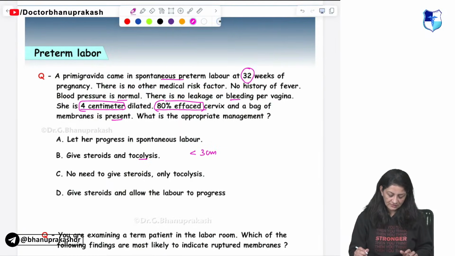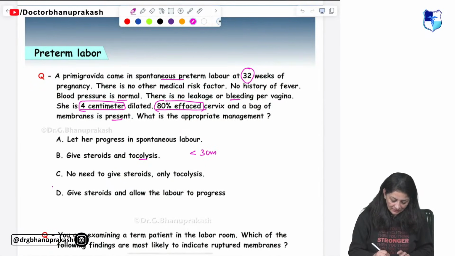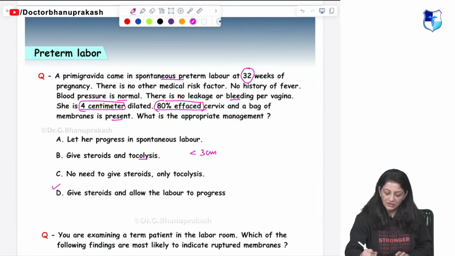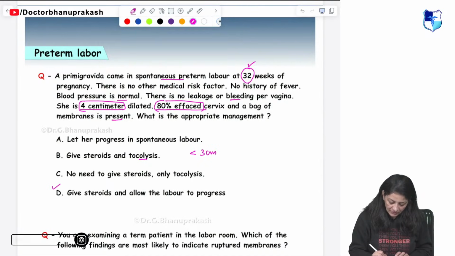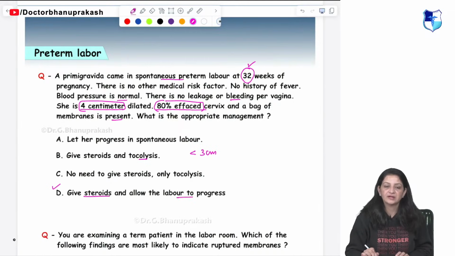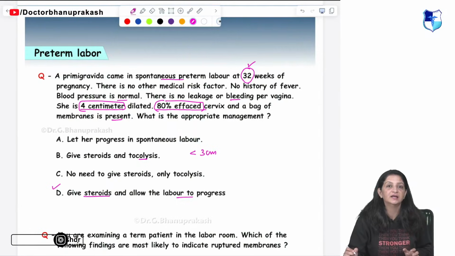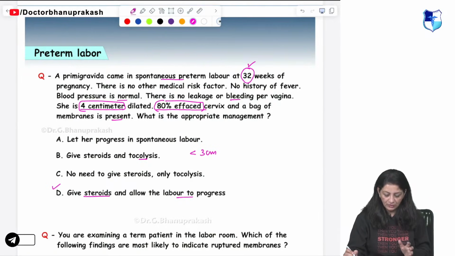So the answer is D. She is 32 weeks pregnant, so give steroids for lung maturity and allow the labor to progress. Okay.